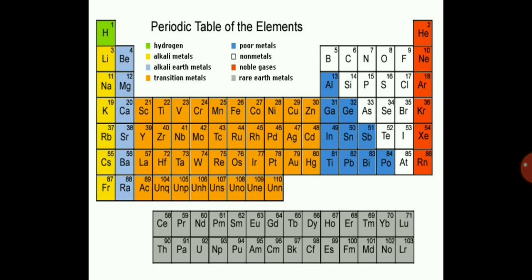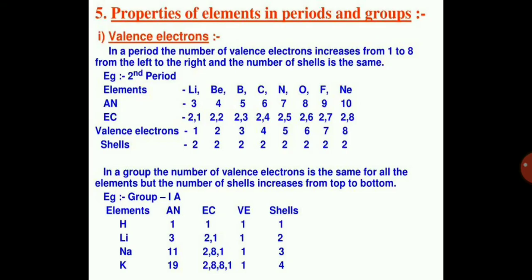So this is how you have to read the periodic table. In the right corner you have their atomic numbers, and in some periodic tables there are some numbers written at the bottom also. The bottom number indicates the atomic mass. So let us move towards the properties of elements in the periods and groups.